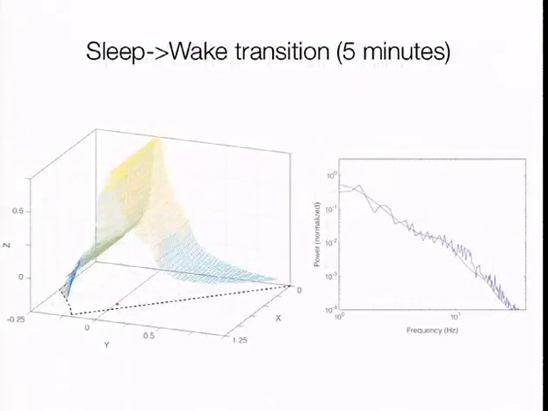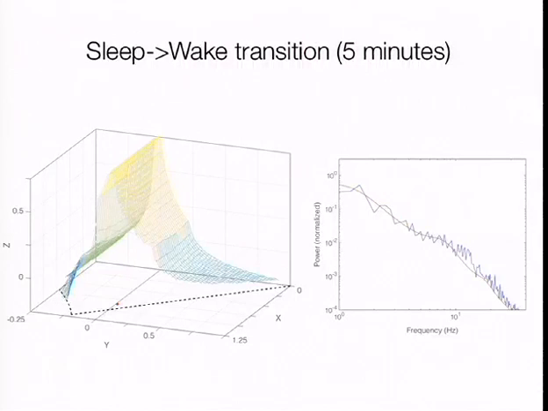What we're looking at here on the right is the experimental EEG power spectrum in blue, and in red our model fit. On the left-hand side, we have, again, our three loops, X, Y, and Z, and the stability surface.